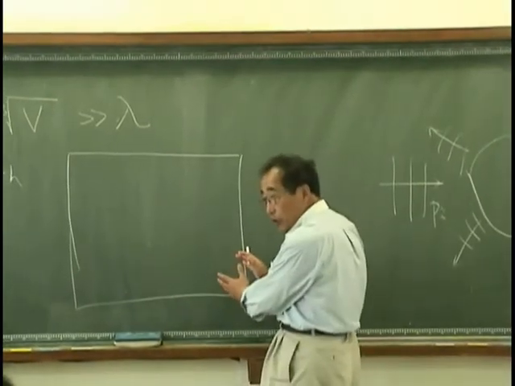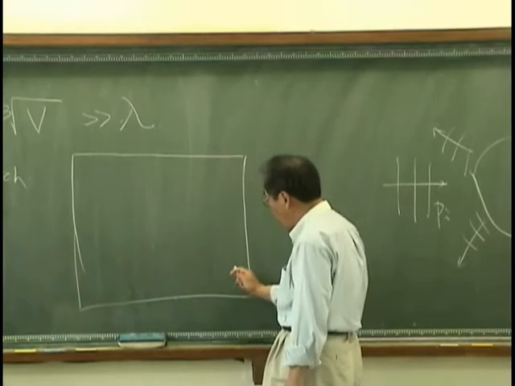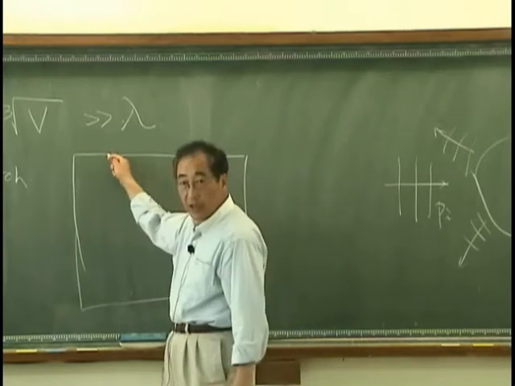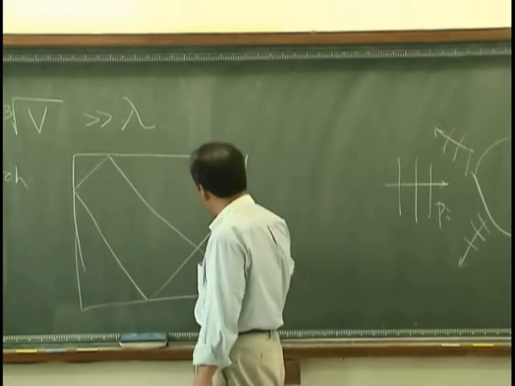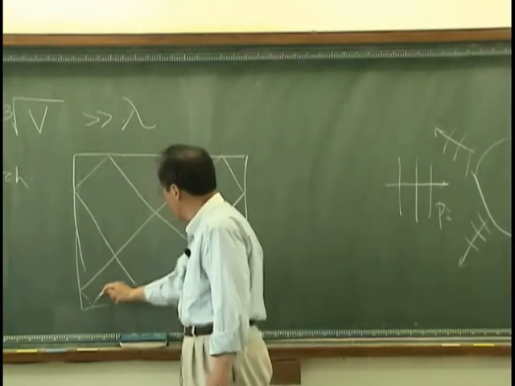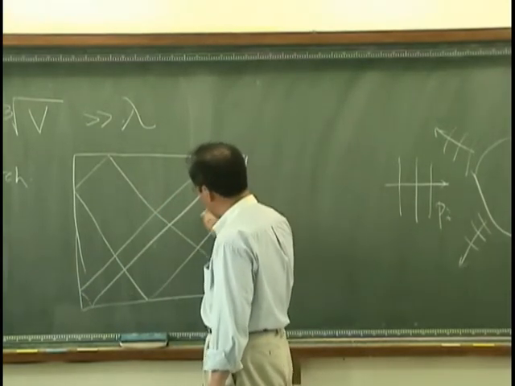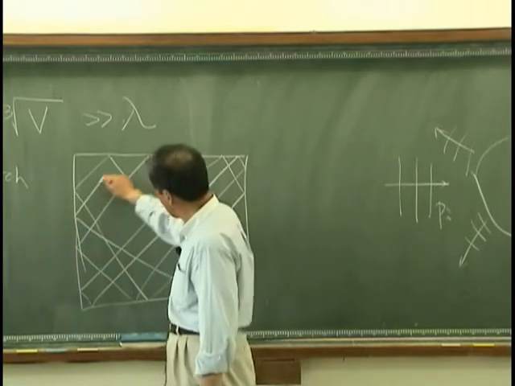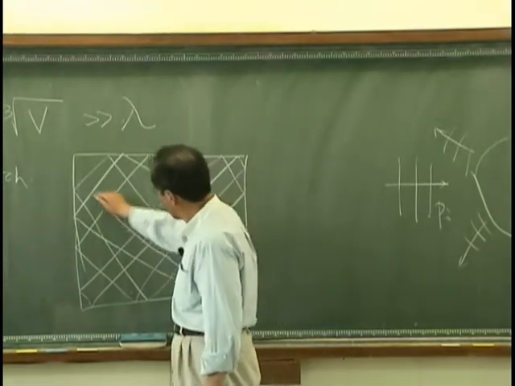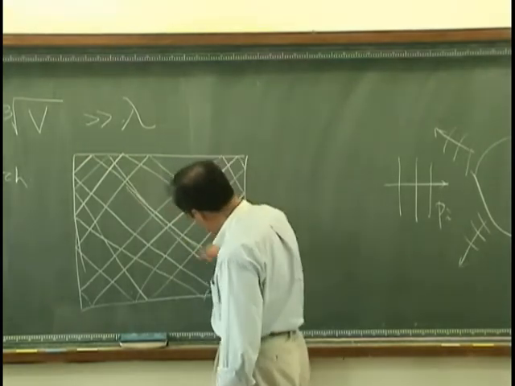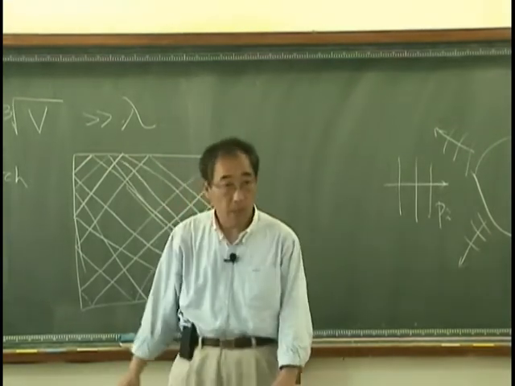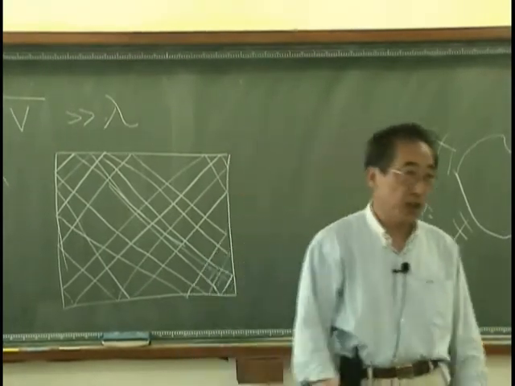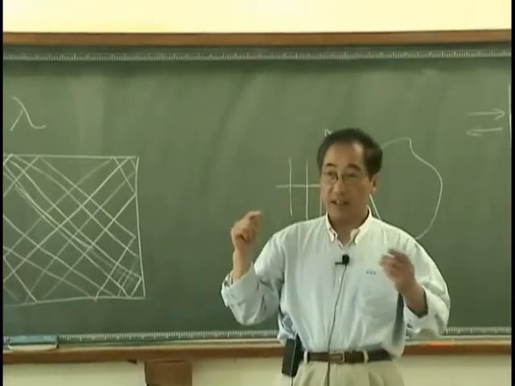And I am generating sound over here, for instance. And what's going to happen? It will go over there and hit, and hit, and hit, and hit. How fast? 343 meters per second.